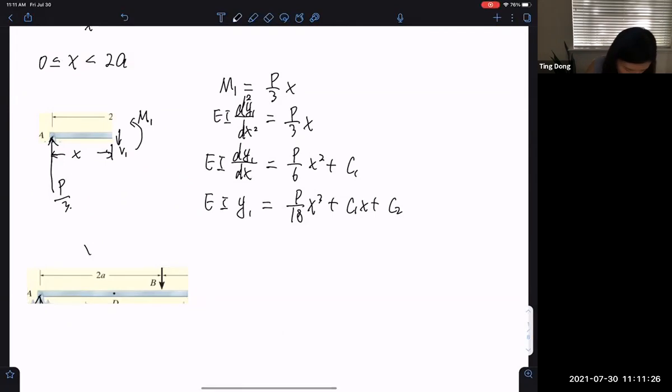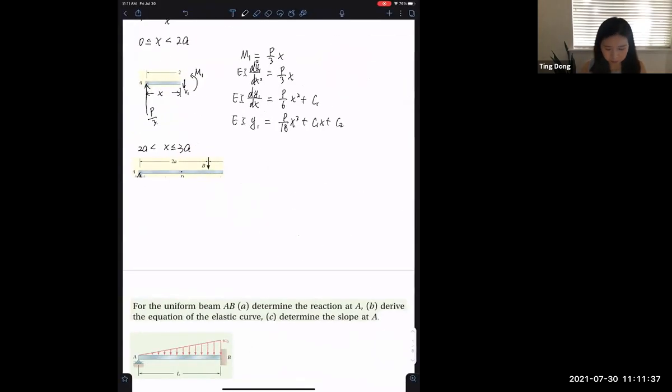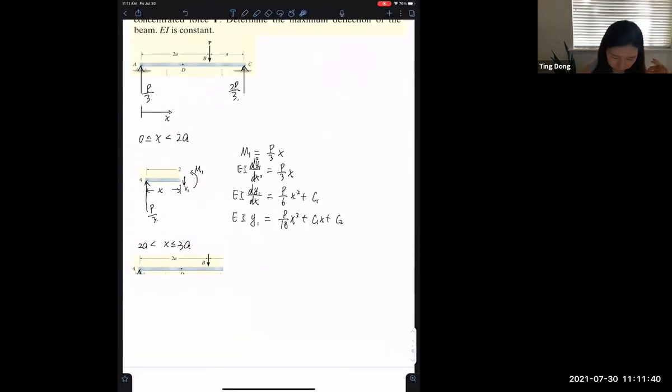So now x is greater than 2a and smaller than the total length 3a, so x is in this region. Similarly, we put a V2 here at the cutting surface, the internal bending moment and internal shear force. And same thing here, this is P over 3, and this distance is x.